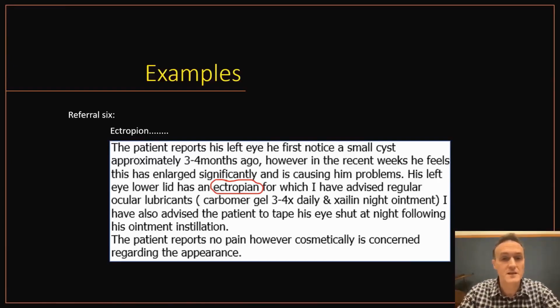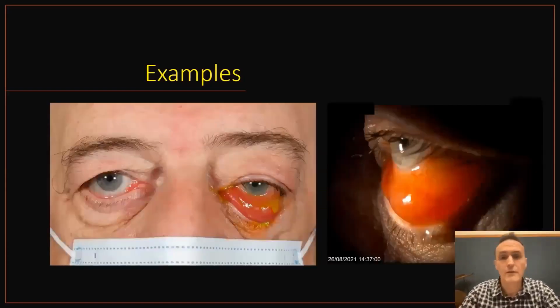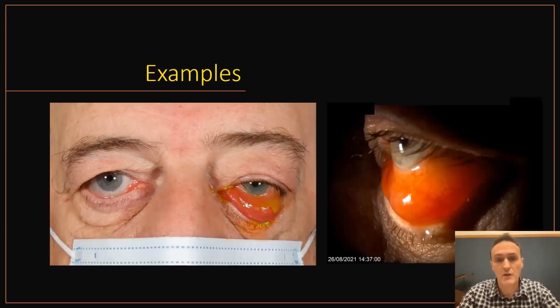As you can see at the bottom, it was a cosmetic issue rather than actually a painful issue for the patient. However, when we received images for this patient, you can see that from the primary position, it doesn't look particularly healthy, and then when you see the closer up image on the slit lamp camera, you can see that the lid itself is sitting in a natural position.